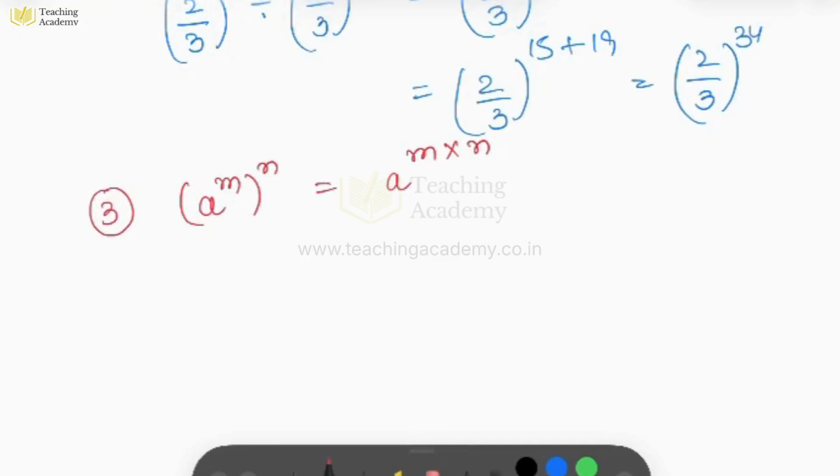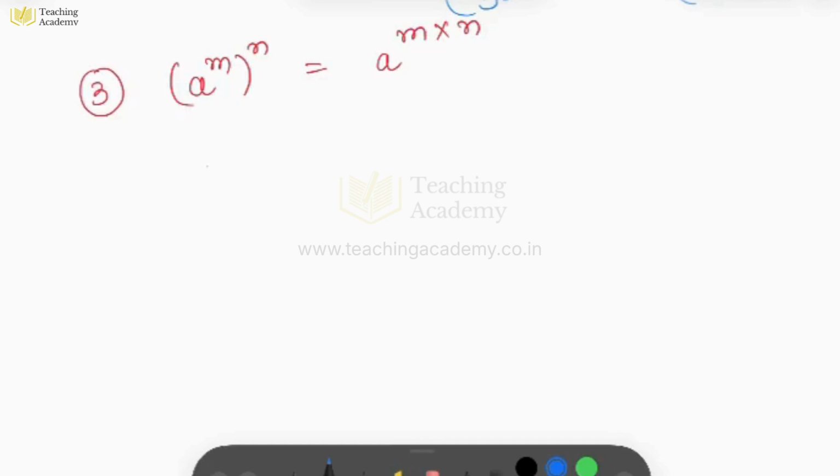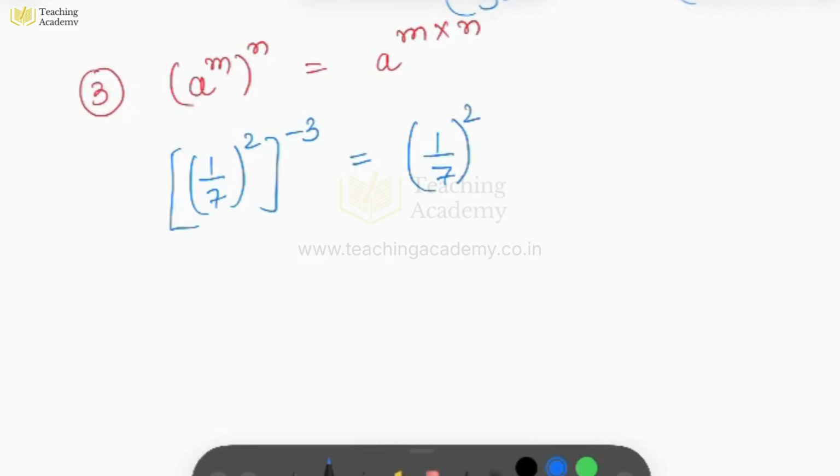Okay, so let's take an example again. If I'm writing 1 over 7 to the power 2, and after that one more power is negative 3. Okay, so I'm writing 1 over 7 to the whole power 2 times negative 3.